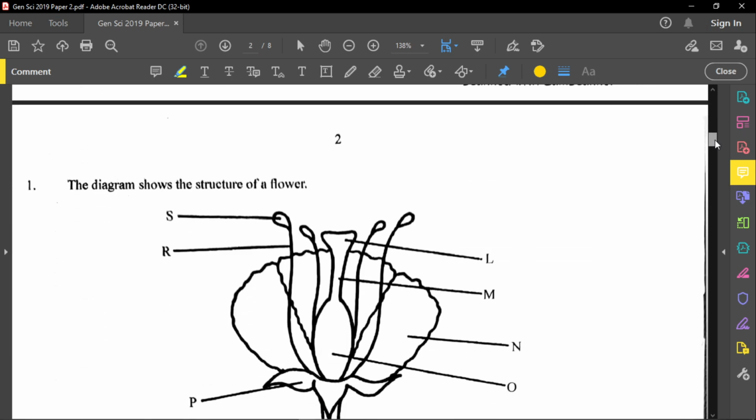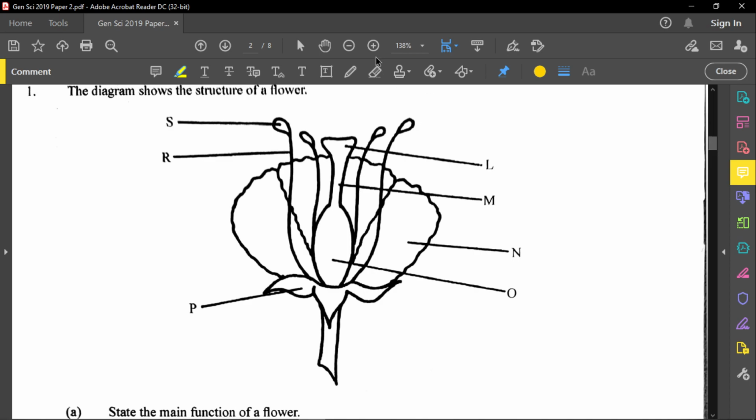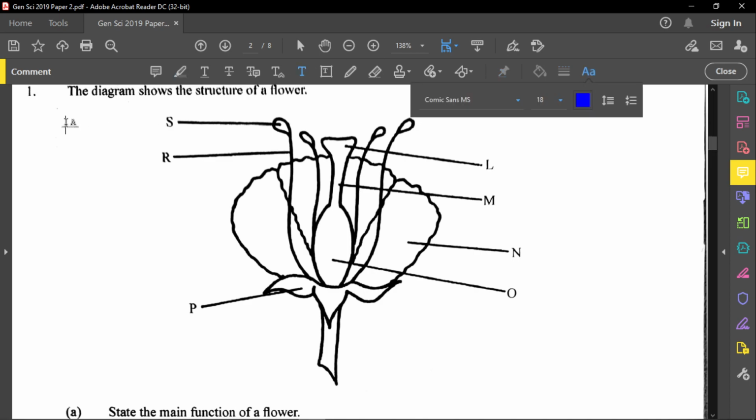Now the first question reads that the diagram shows the structure of a flower. All right, before we start answering the question, let's do a quick labeling. Structure S is the anther. Structure R, that is the filament. P is the sepal.